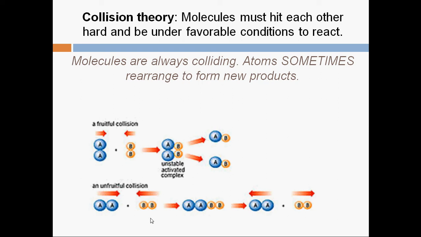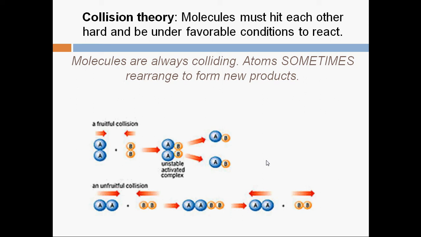So we get lots and lots of molecular collisions, and sometimes we end up getting reactions as a result of that. But a precursor to any reaction happening, in order for us to ever break up bonds and get new ones to form, we've got to have our molecules colliding with each other. That's our current understanding. We've got to have those molecular collisions in order to actually have any sort of chemical reactions occurring.